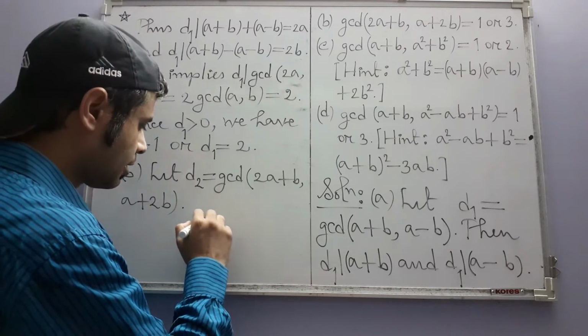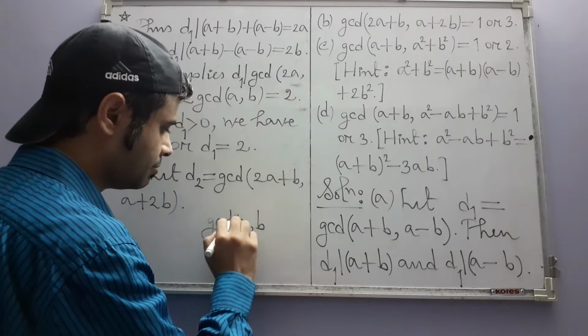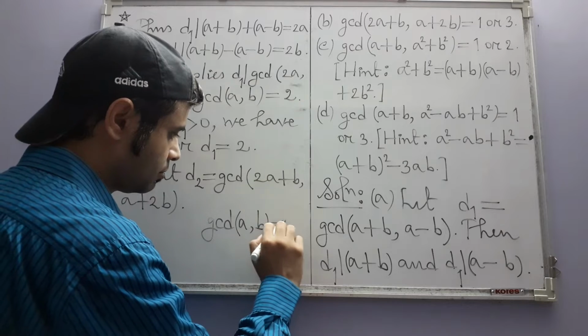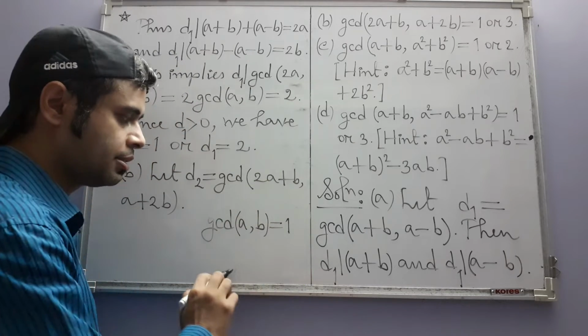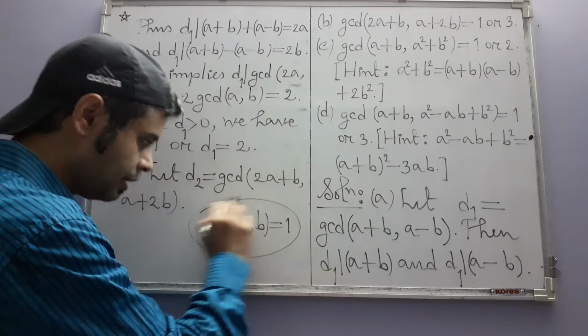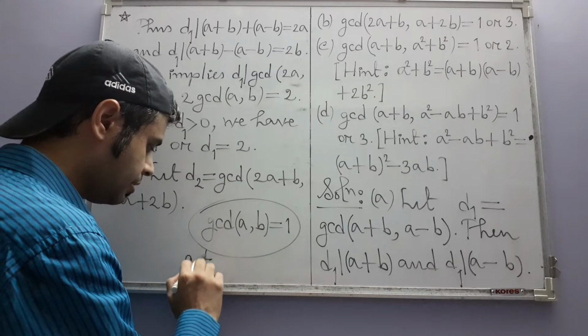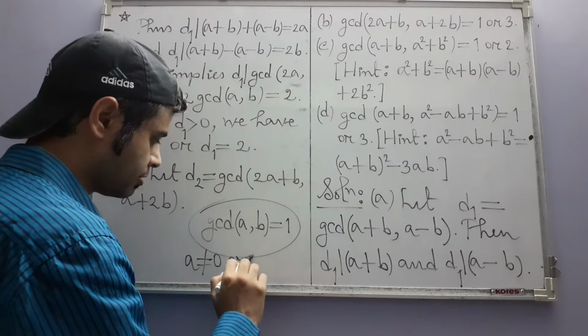The hypothesis that a and b are relatively prime, that is, that their GCD is equal to 1, has in itself this condition that either a is non-zero or b is non-zero or both.